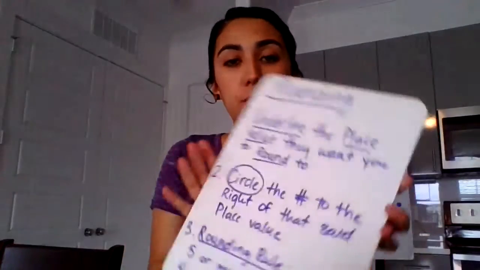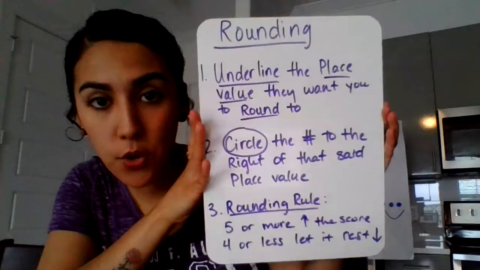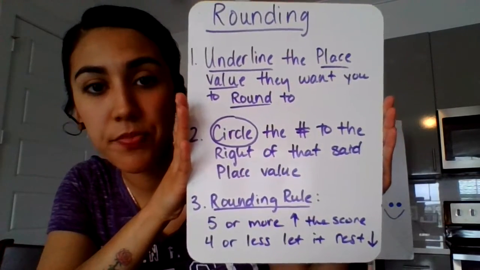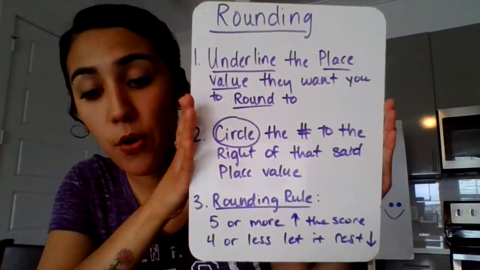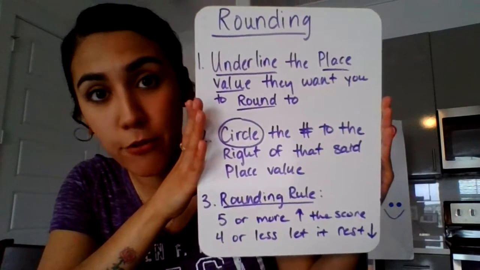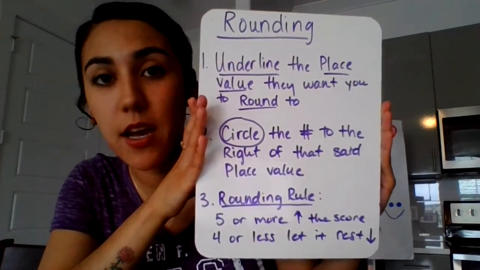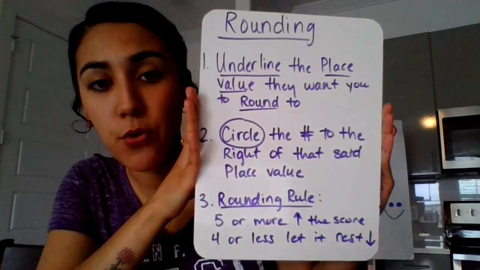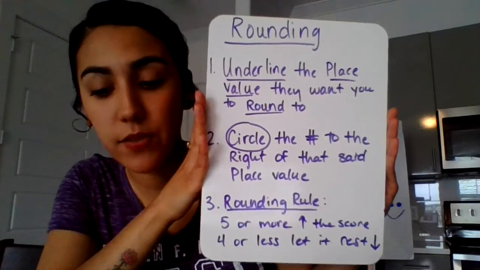Now, if you tuned in to my last video when we were going over yesterday's Give Me 5, I showed you the steps to follow when you're solving a rounding problem. So 1, underline the place value that they want you to round to. Well, for this Give Me 5, they've already done that for us, and they wanted us to round to the hundreds place value. 2, circle the number to the right of that said place value.